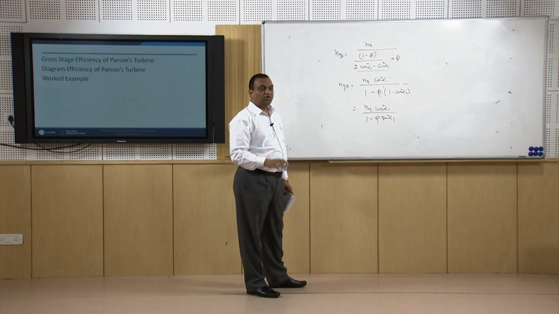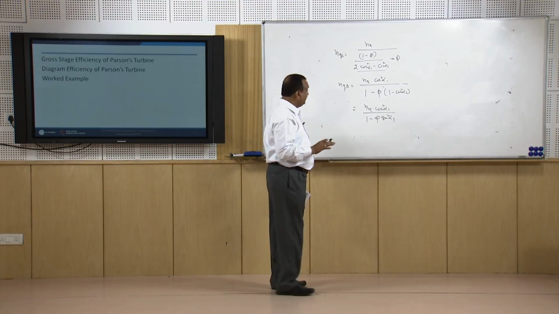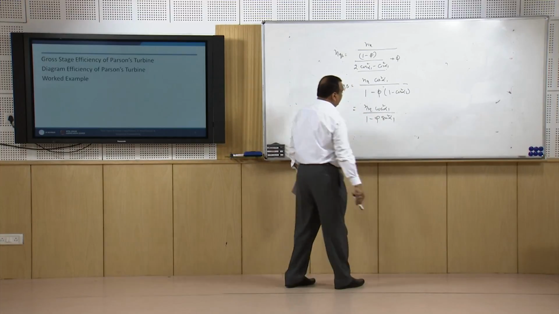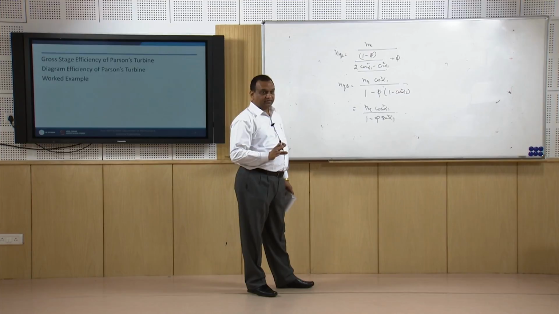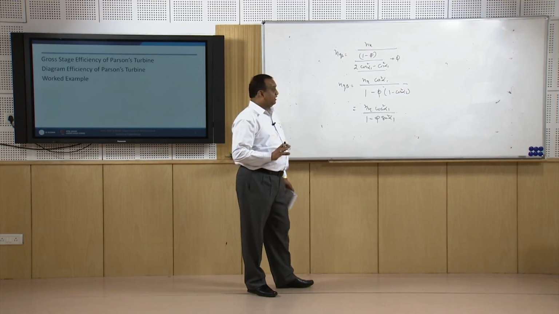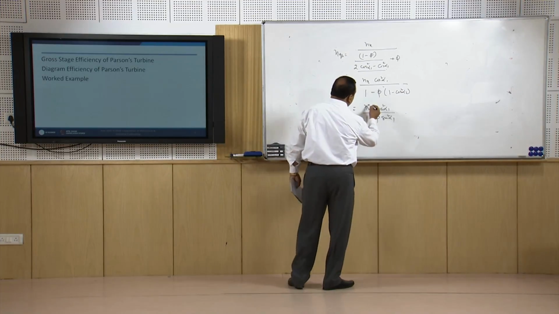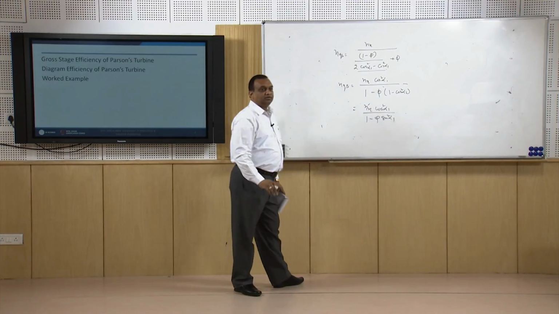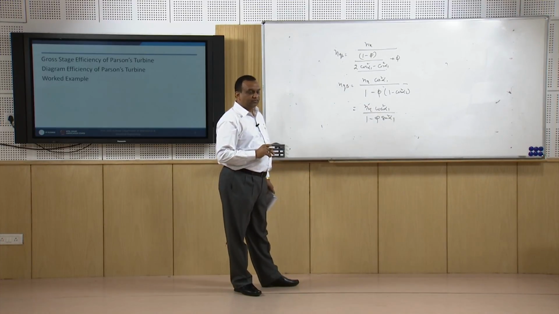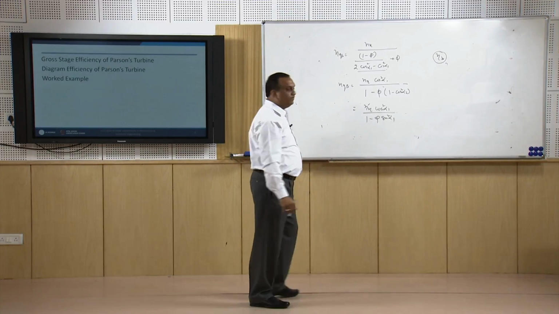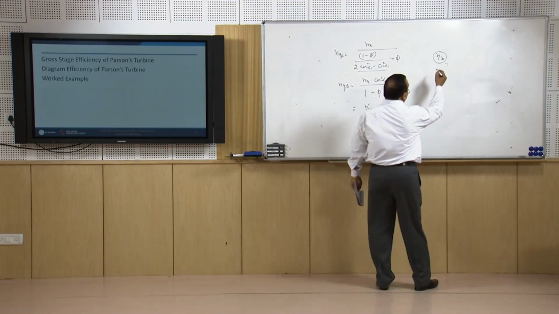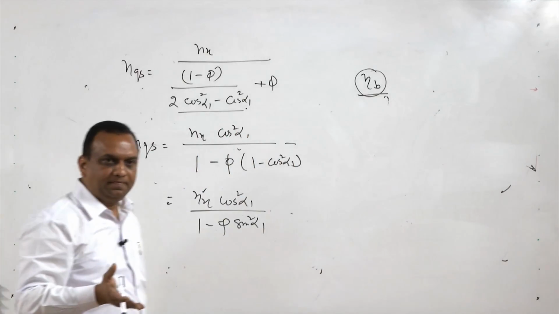This is the Gauss stage efficiency of impulse reaction turbine, Parsons type. It means if we know the blade inlet angle, we can find the maximum Gauss stage efficiency. But of course, we need the value of the efficiency of the nozzle. After Gauss stage efficiency, we will derive blade efficiency or diagram efficiency, both are same.